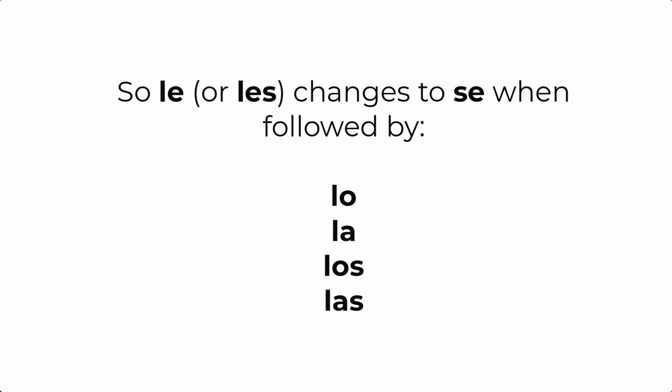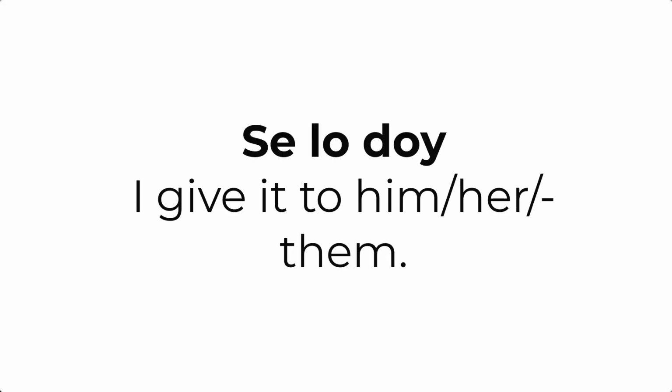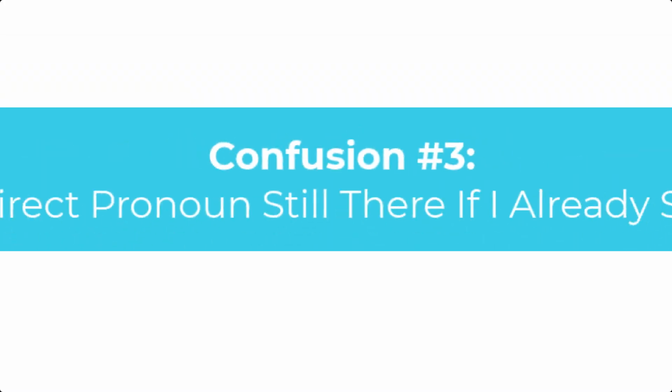So le or les changes to se when it's followed by lo, la, los or las. And it's important to note that se does not mean reflexive here. It still means to him, to her, or to them. So, se lo doy means I give it to him, to her, or to them. There's nothing mystical about it, it's just a pronunciation rule.